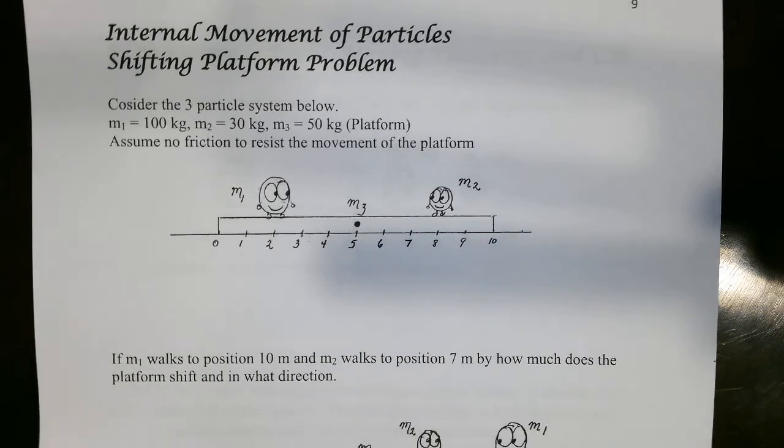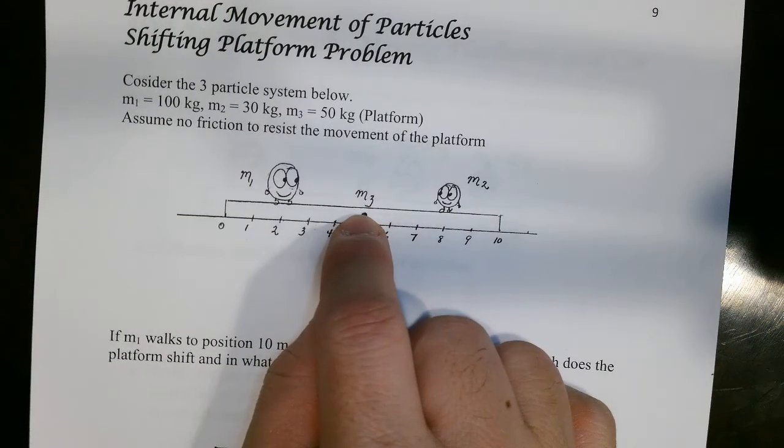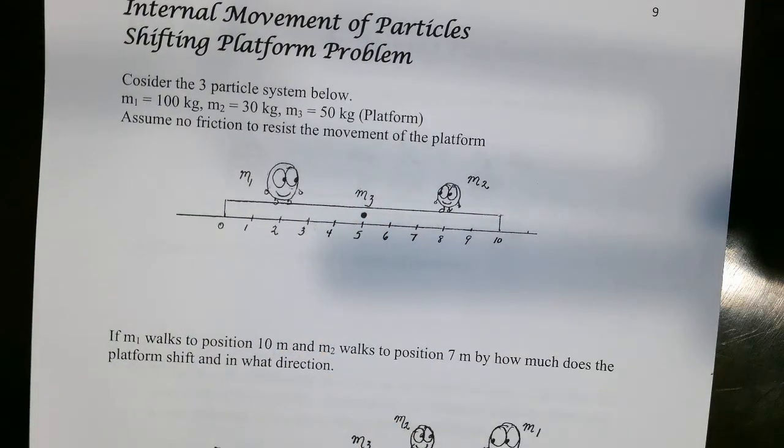Or if you're standing on one of those flat carts from Home Depot and you walk on it, what happens to that flat cart? You would actually move. And in doing that, the center of mass of the system will not actually move relative to the stationary position. Okay?